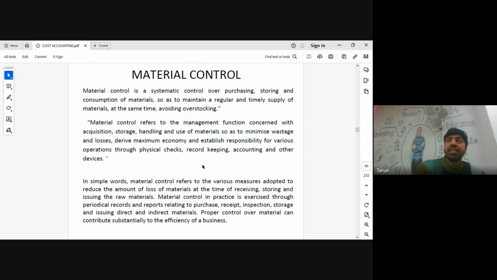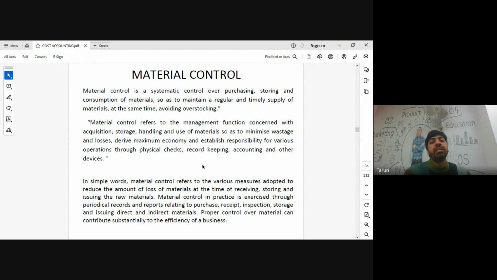I repeat once again: material control refers to systematic control over purchasing, issuing, storing, or any consumption of the materials in order to avoid overstocking of the materials, and also to maintain the regular and timely supply of the materials.